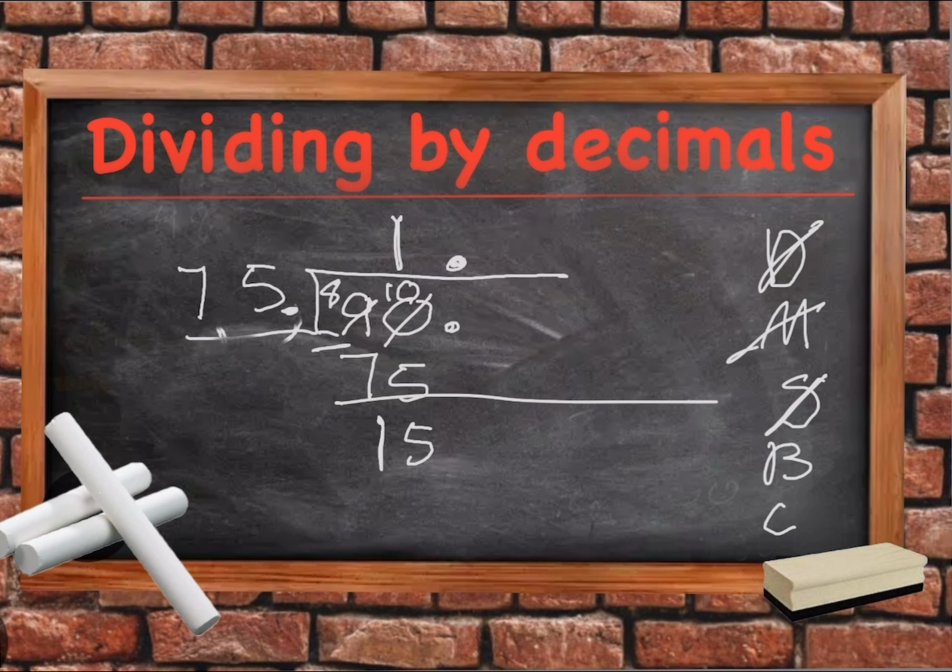So we finished subtracting. Now we have to do the bringing down. Uh-oh. There's no number to bring down, and 75 can't go into 15. So we have to put a 0, because after the decimal point, we can put as many zeros and it won't change the value of the number.